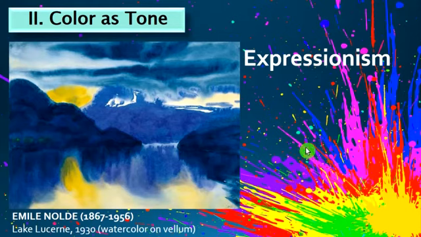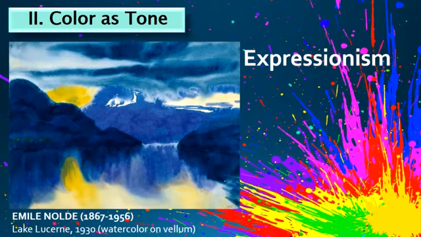Lake Lucerne, this painting by Emil Nolde, is a classic example of an Expressionist painting technique. It is painted more from memory than from observation, using the natural fluidity of watercolor to mirror the changing mood of the landscape.